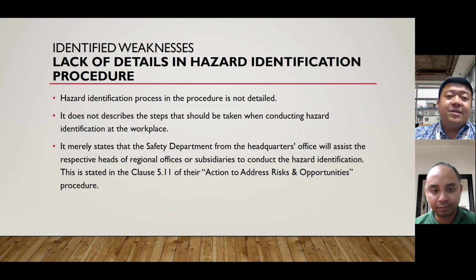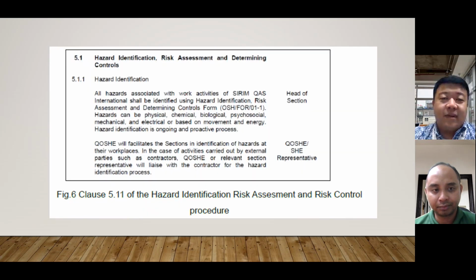As we can see here, under 5.11 hazard identification it states, all hazards associated with work activities of SIRIM QS shall be identified using hierarchy form. This hazard can be physical, chemical, biological, psychological, mechanical, electrical, or kinetic.